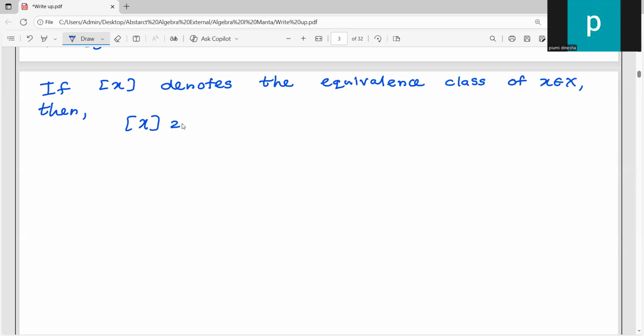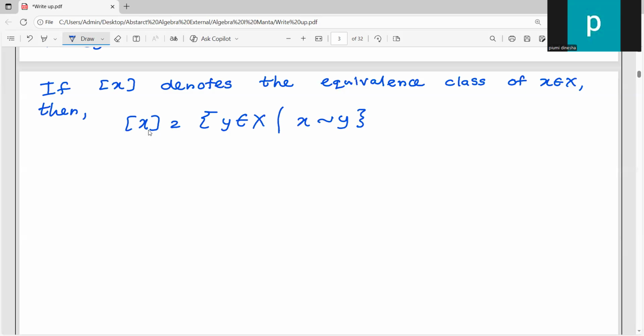This will contain all elements in X that are equivalent to this given representative x. In other words, all y in the set X such that x is equivalent to y. All elements that are equivalent to this.